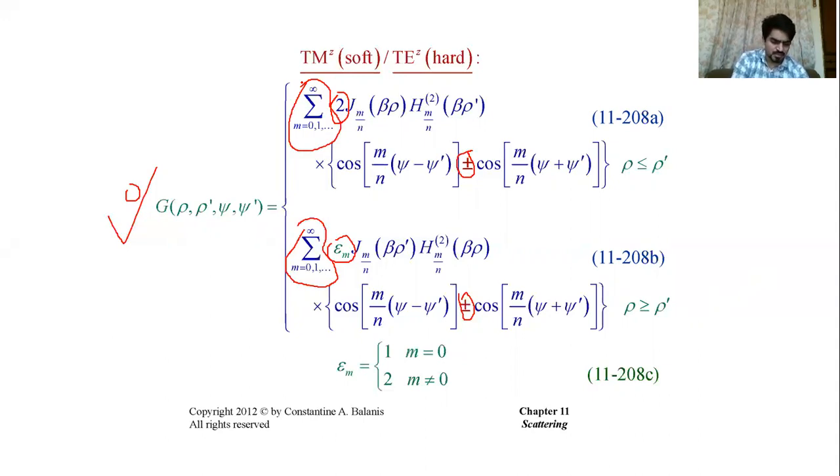So what we do is use the Watson transformation, most probably we'll try to cover that in the following lectures if we have enough time. Basically, using the Watson transformation, we convert this summation into integration. When we do that, we are able to reduce the computational requirement, and we can get a very accurate answer at the same time.